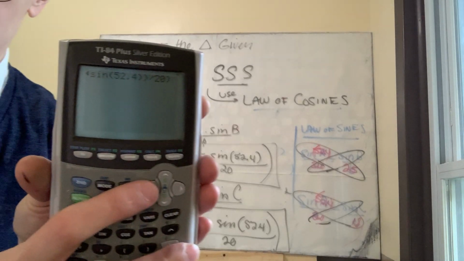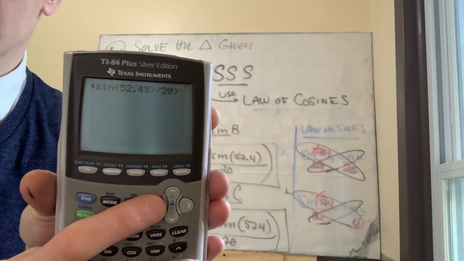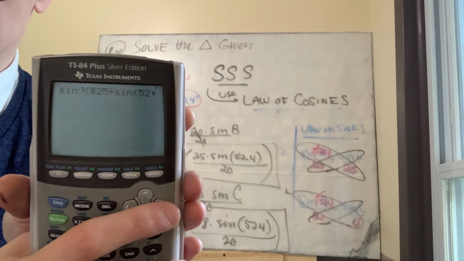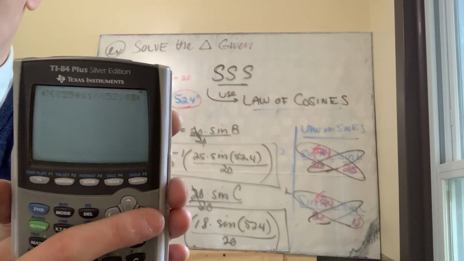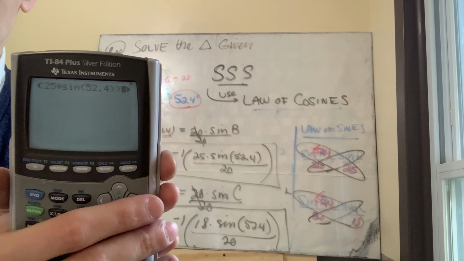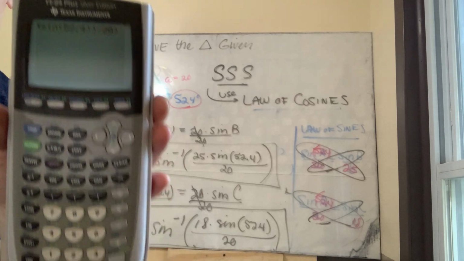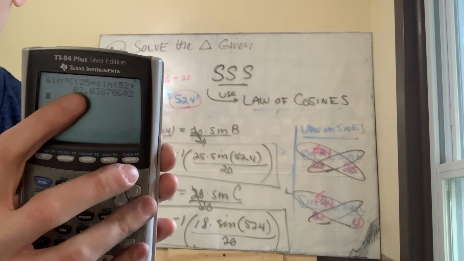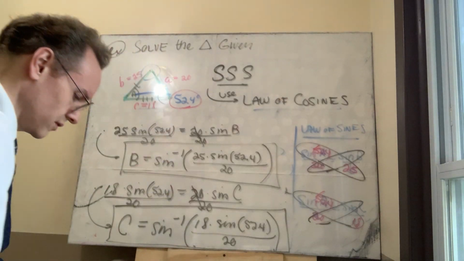This is the first one. The inverse sine of 25 times sine of the angle here, 52.4, divided by 20, and you get that 82.0 roughly.